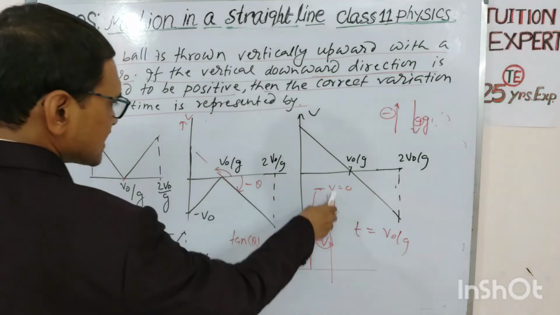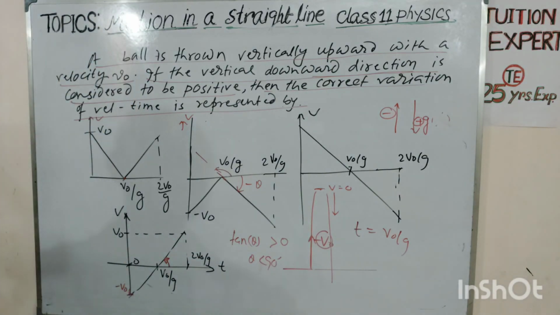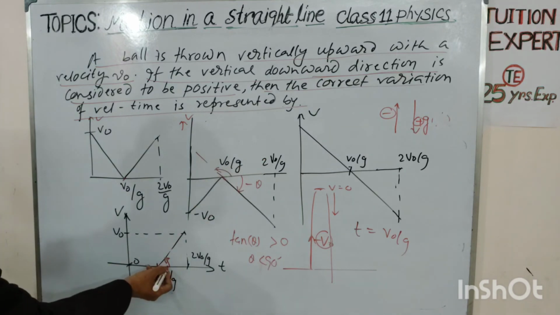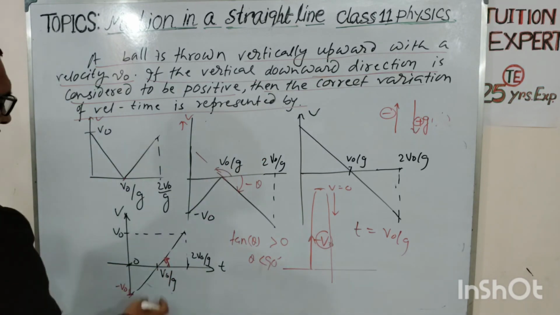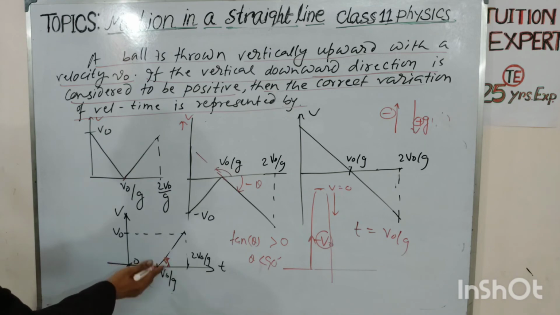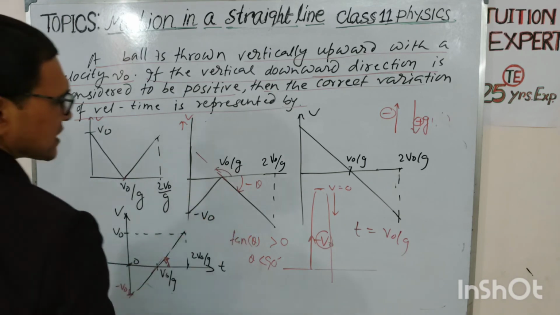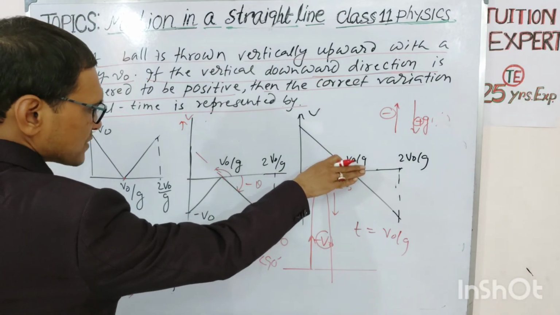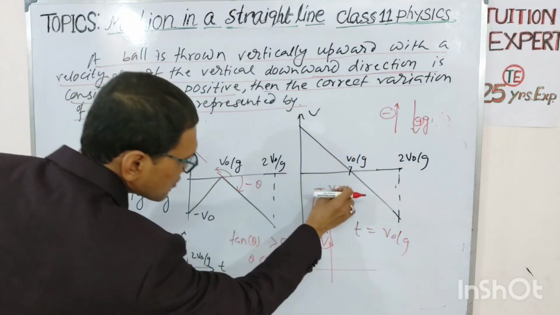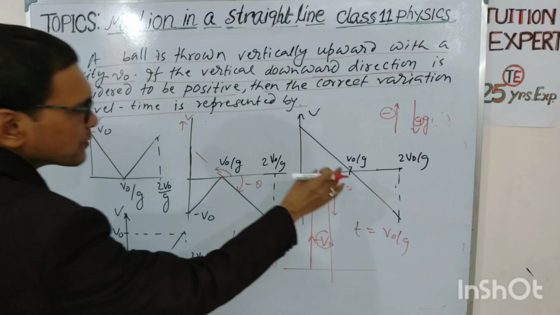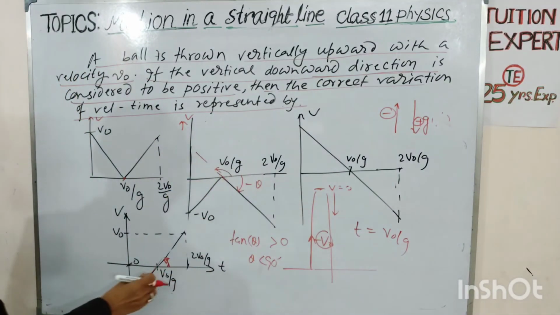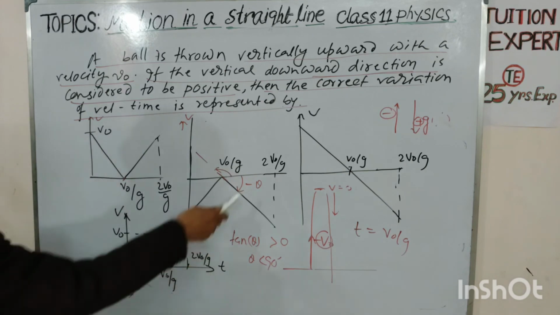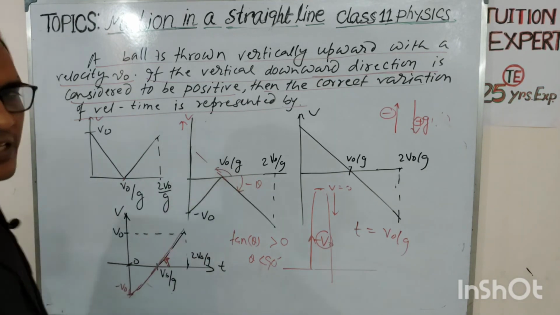So when it reverses its direction, the slope may be positive. Between the two graphs, for this graph velocity and acceleration are both positive, and in the other graph velocity and acceleration are negative.